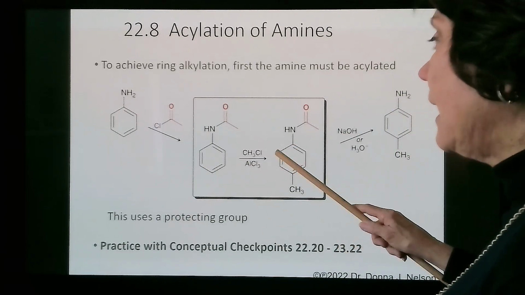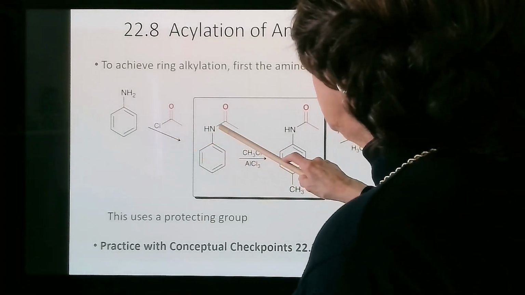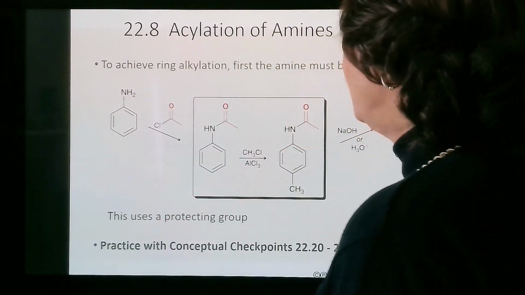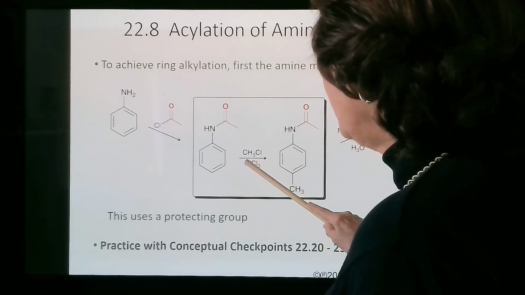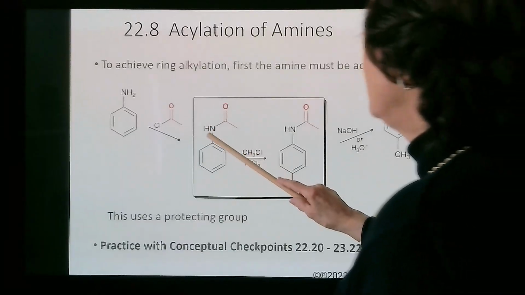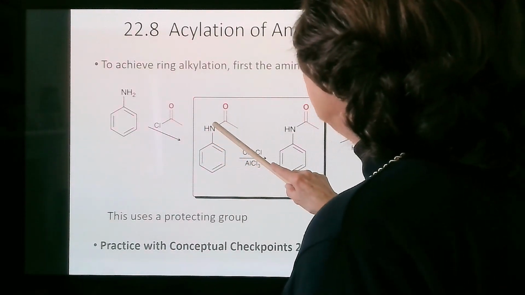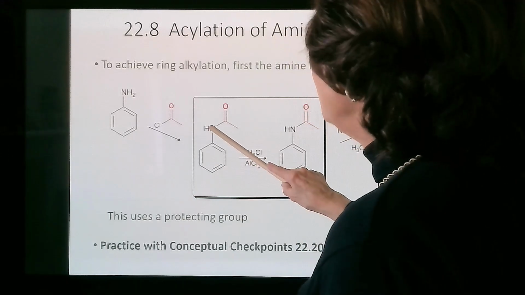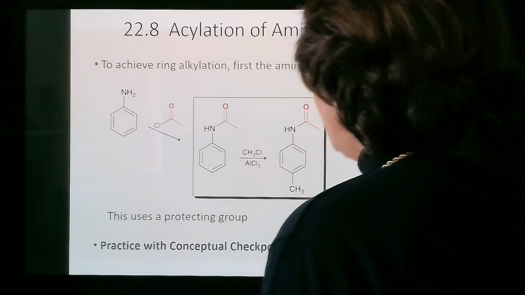To achieve the alkylation, once again, this group needs to be changed into a group that will not complex with aluminum trichloride. So once again, it is changed. You have to react it first with the acyl chloride. And so now the nitrogen, instead of being available to just complex with aluminum, the nitrogen is tied up in resonance with the carbonyl, just like before.